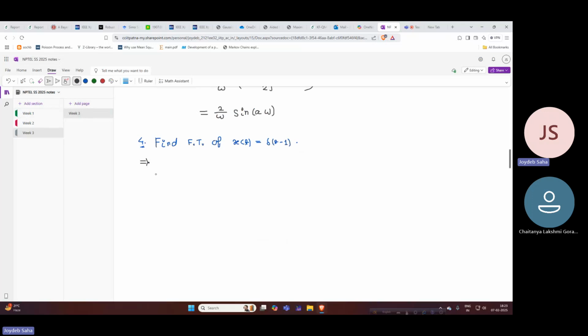Okay. So we will solve it in two different ways. First, X omega. Let us try to solve.